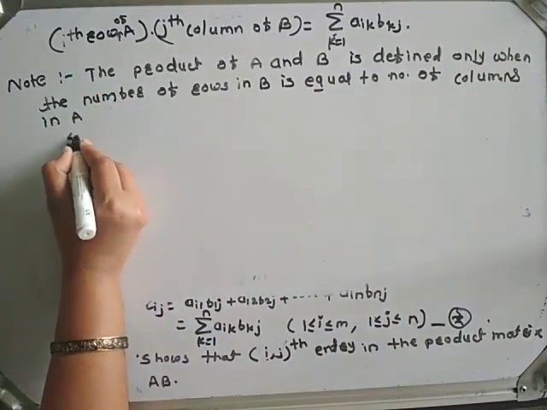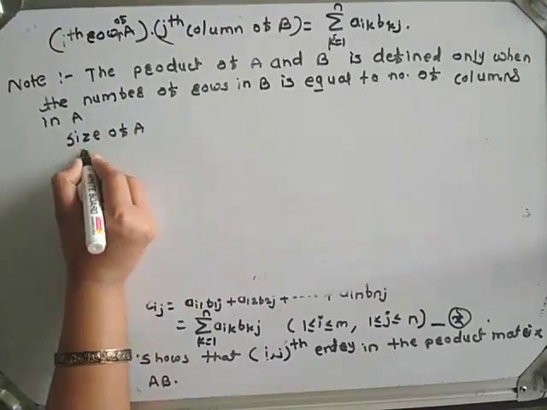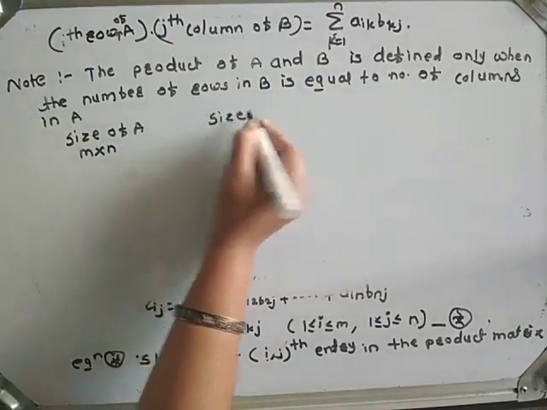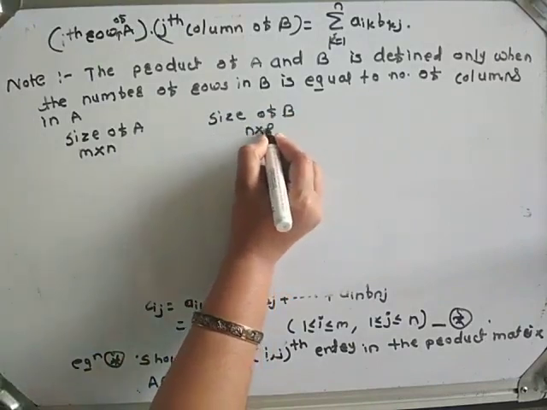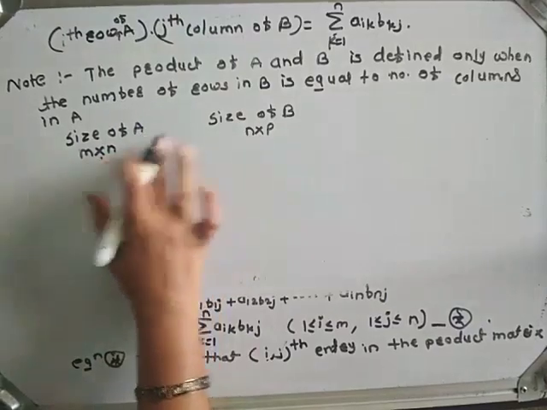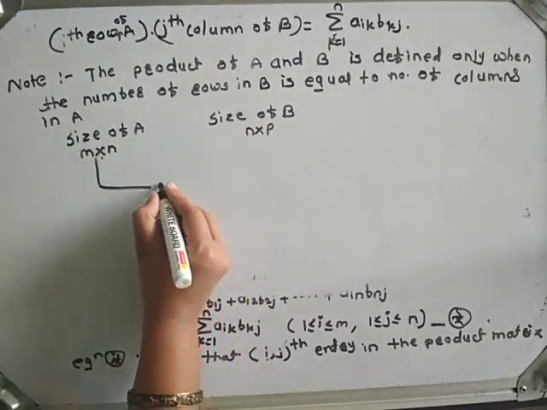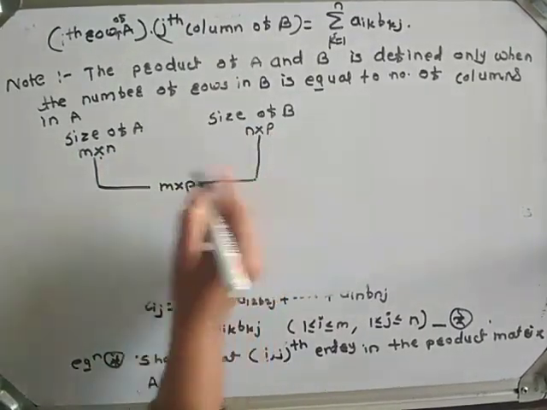That is, the size of A is m by n and the size of B is n by p. After multiplying A and B, we get a matrix of size m by p.